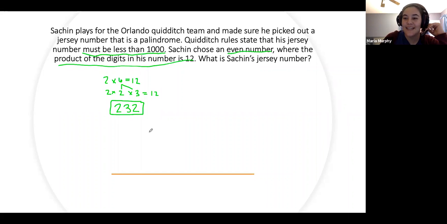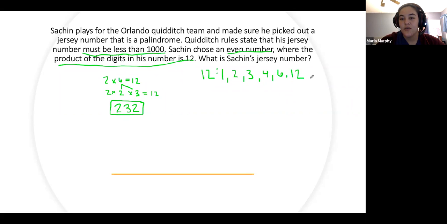So congrats on that. What I went ahead and did first was just list the factors. The factors of 12 are simply 1, 2, 3, 4, 6, and 12. These are the numbers that I can multiply together to get 12.